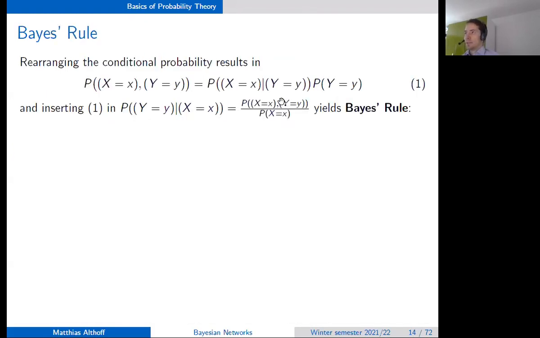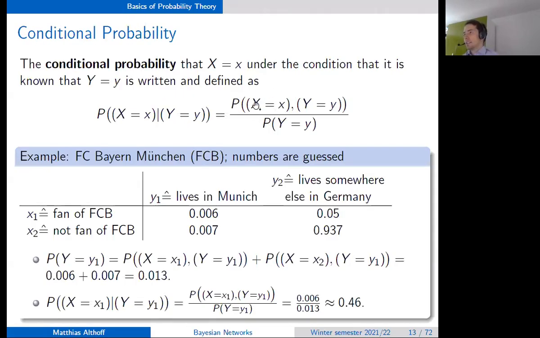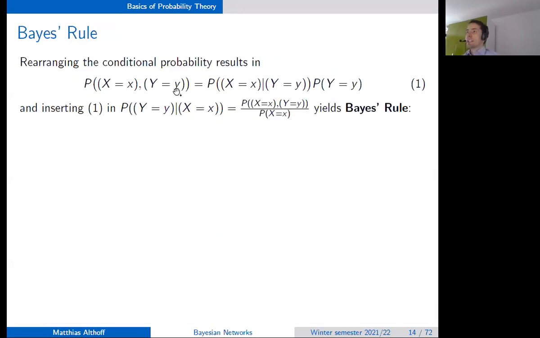Then here this cancels, and we just have the joint probability. On the left side, we have the conditional probability times the probability that y has the value y. And this is this formula now.